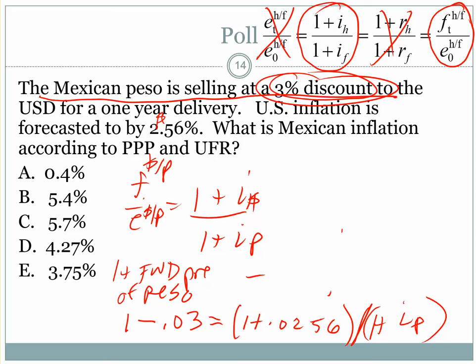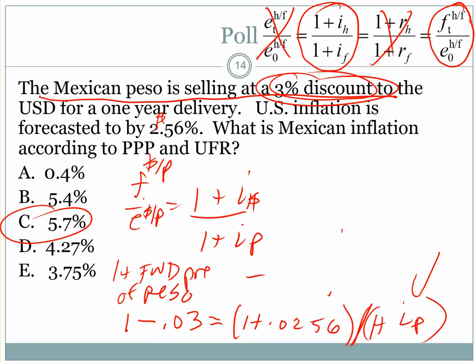I can then solve that equation. I'll multiply both sides by 1 plus I of the peso, and then divide both sides by 1 minus 0.03. And that'll give me a solution to this problem of C, 5.7%.